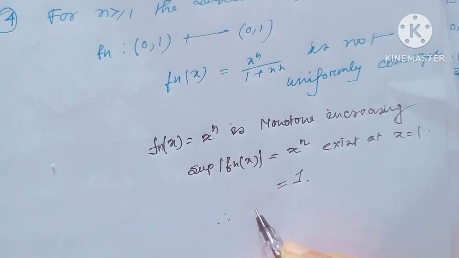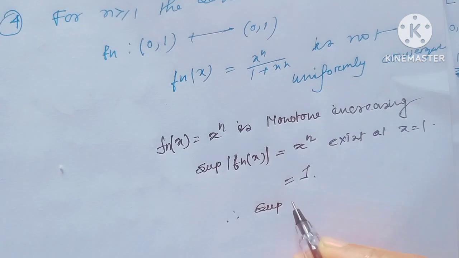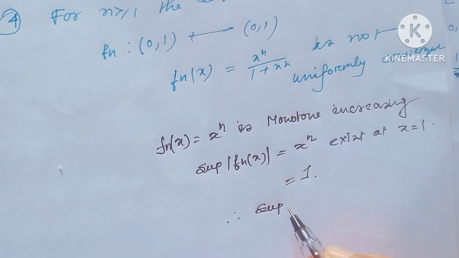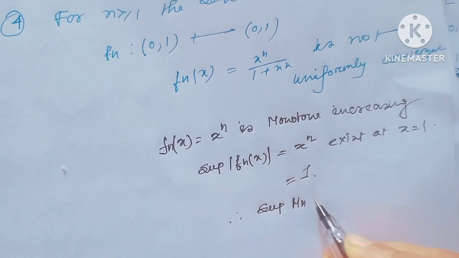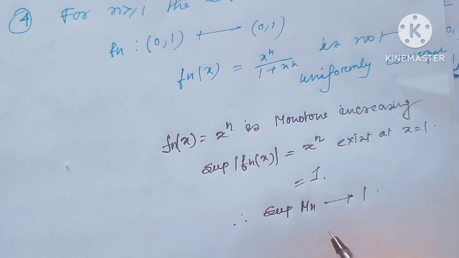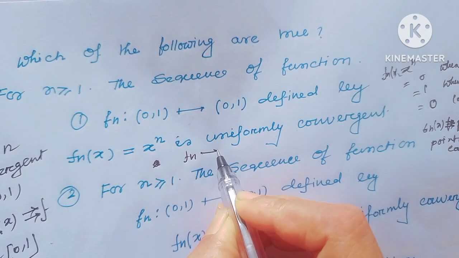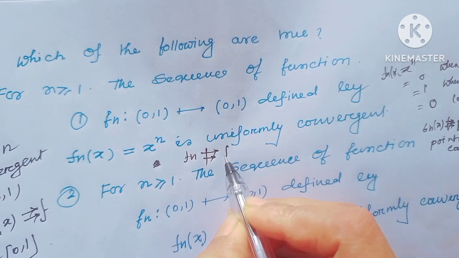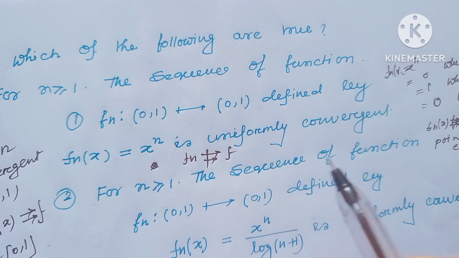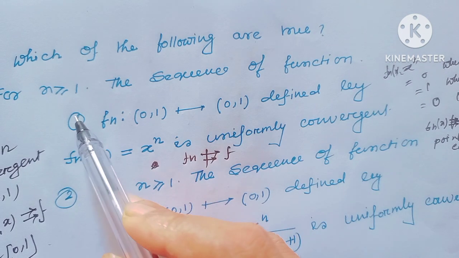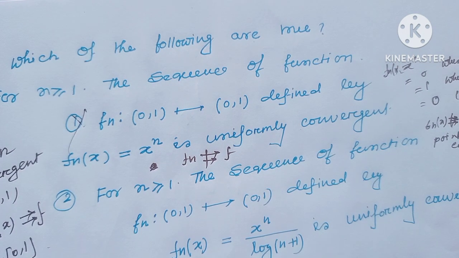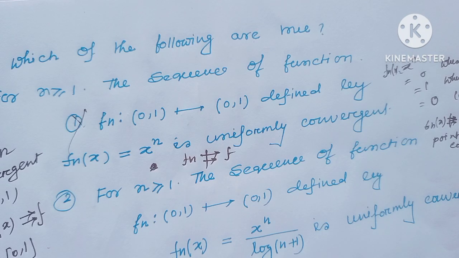Therefore the supremum converges to 1, not to 0. So fn does not converge to f uniformly. So option 1 is the right option. That means by the Mn test you can tell this is not uniformly convergent.